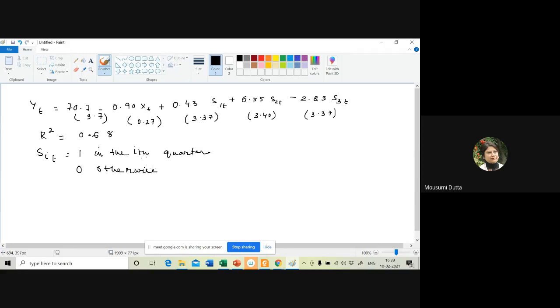Question is, explain the implied pattern of seasonal variation and interpret the result.